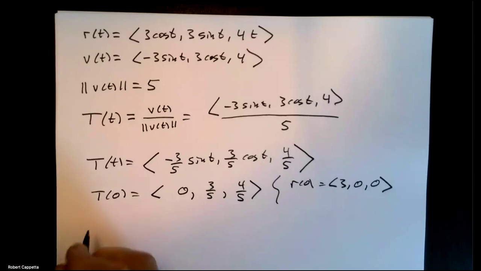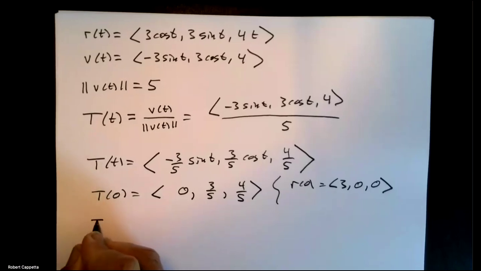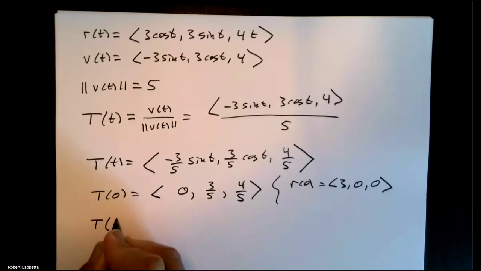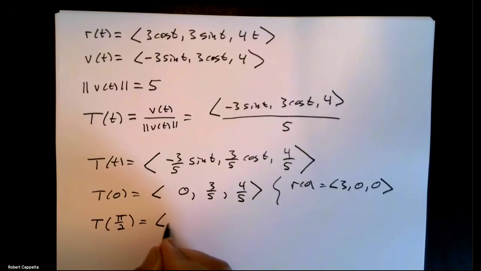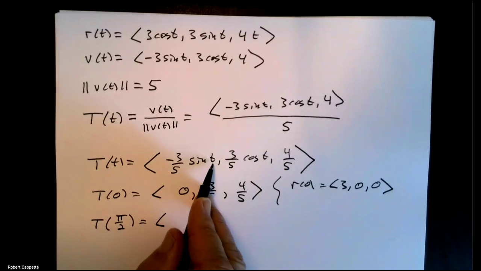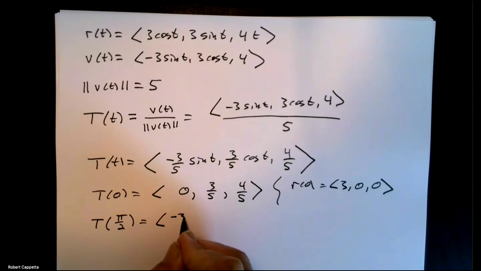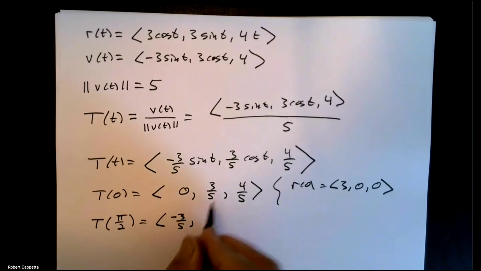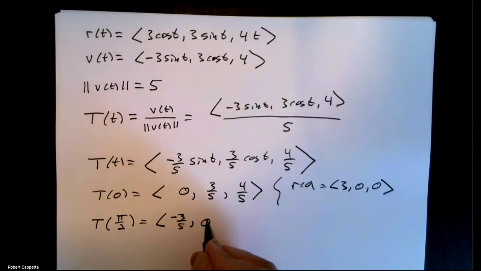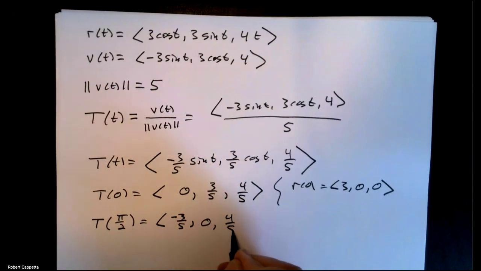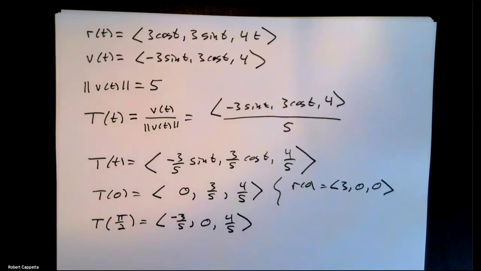So how about pi over 2? That's negative 3/5 sine of pi over 2. Well, sine of pi over 2 is 1, so that'd be negative 3/5. 3/5 cos t, cos of pi over 2 is 0, so that's 0. And then it's 4/5 there. Where's my starting point?